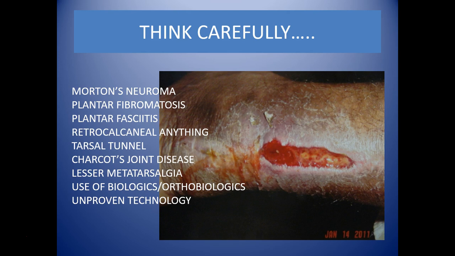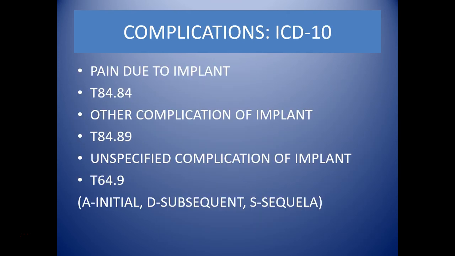I think you want to have a stronger base of non-operative care, try to get as many people well without surgery. I think you want to have a more compelling reason to do surgery, and I think patients need to understand clearly increased risk for complications in these patients.